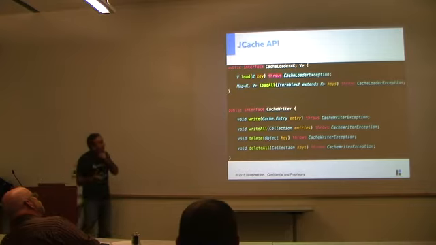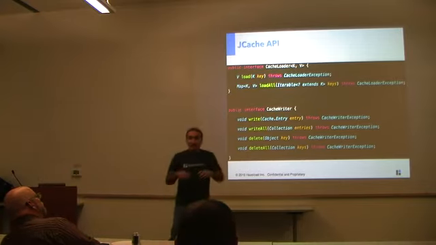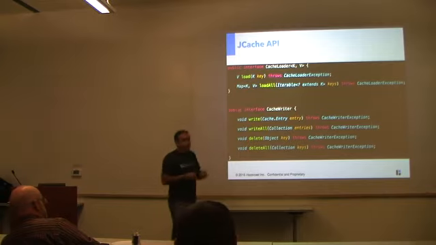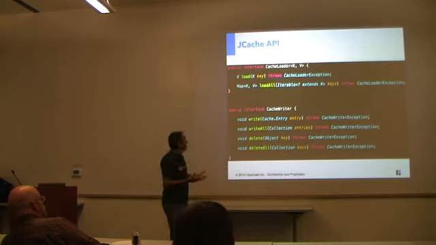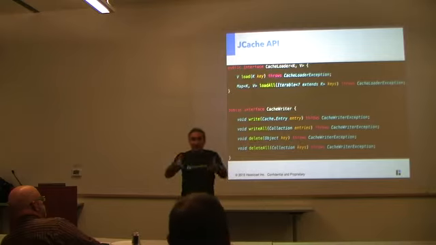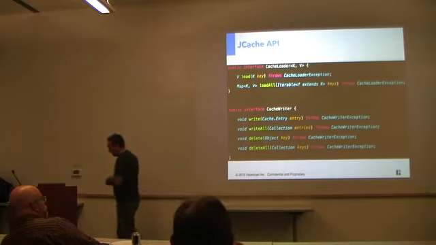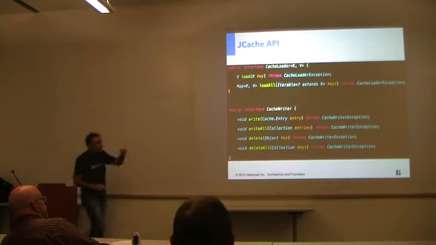So it does have a cache loader. Let's say you have a database somewhere else and you want to cache some of the data. You define a cache loader that goes to your database and loads the entry if the entry is missing. Cache writer will write the content of the cache to your database. It could be NoSQL or relational, it doesn't matter really, because we give you the entry.